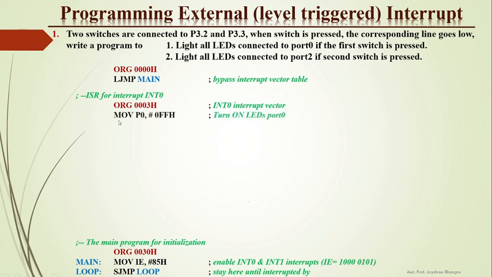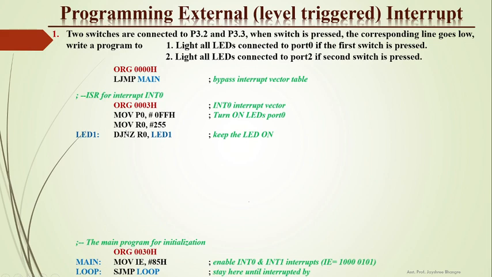So here, by using the instruction MOV P0, #0FFH, we turn on all LEDs connected to port 0, and we have to keep them on for some time. So here I have moved the value #255 into R0, and using the instruction DJNZ R0, that means decrement and jump if not 0, the content of R0 is decremented, and if it is not 0, we have to jump to this location, that is LED1.